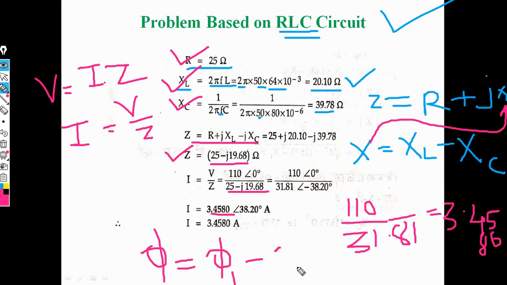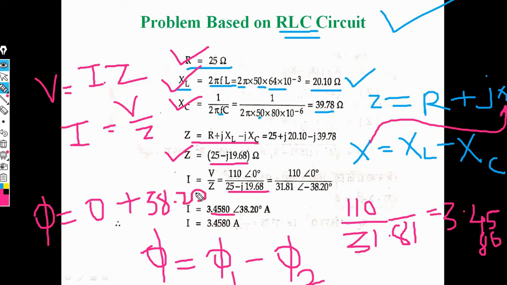But here angle phi is phi1 minus phi2, so phi is equal to 0 minus minus, plus 38.20. Then I is obtained: I is equal to 3.4580 ampere at an angle of 38.20.